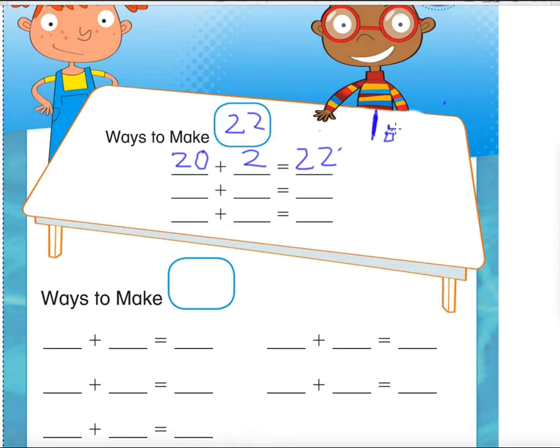Now I'm going to draw 10 ones cubes. Well, really 12, because plus a 2. But I'm adding 10. So 4, 5, 6, 7, 8, 9, 10, 11, 12. So I made 12 ones cubes.